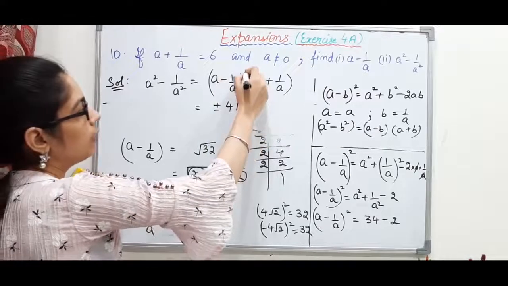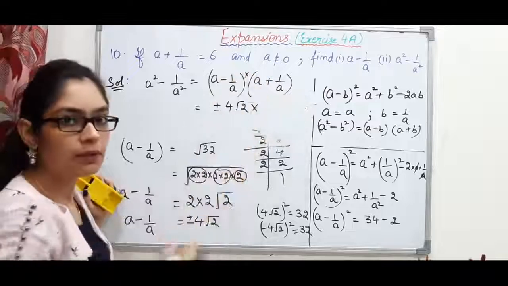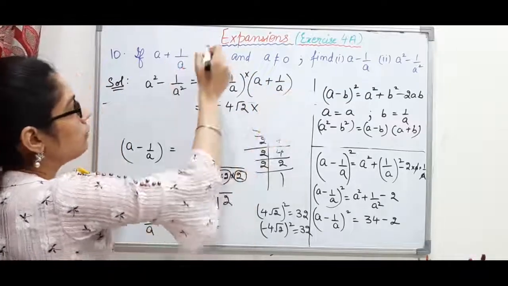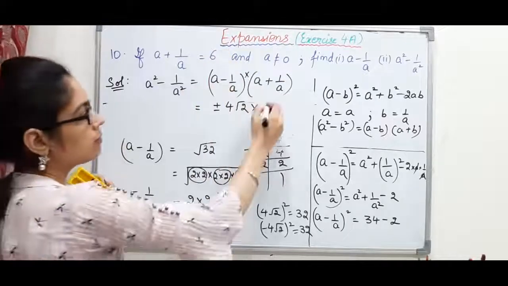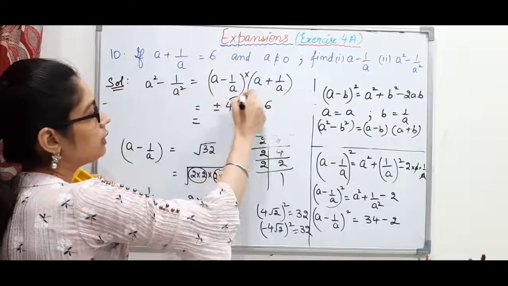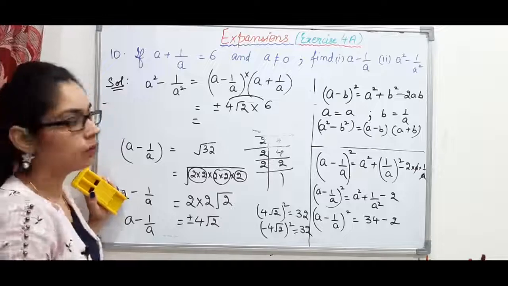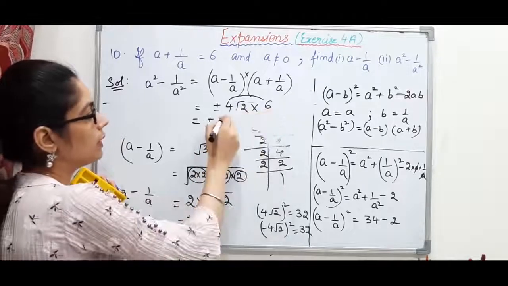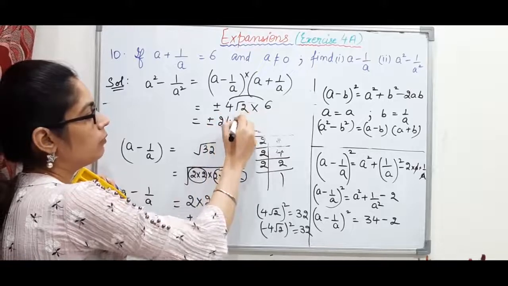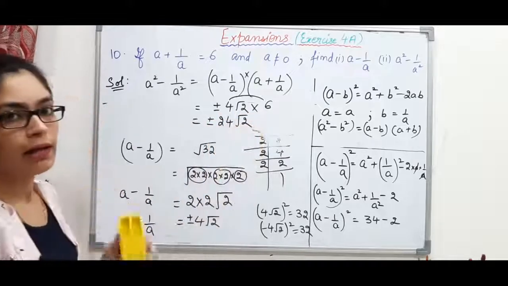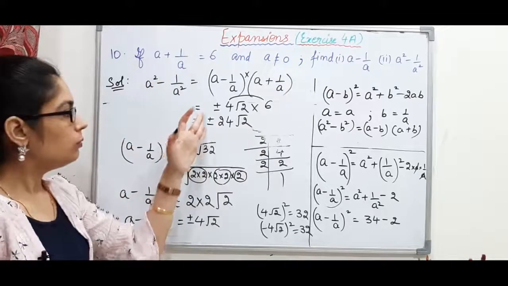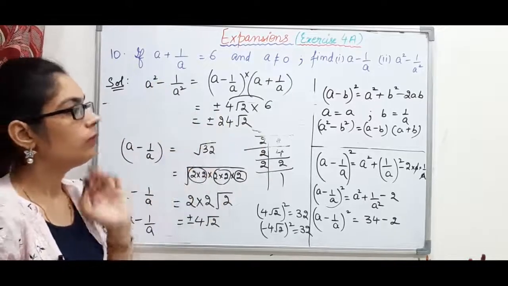See the brackets, when 2 brackets are written together, that means they are getting multiplied. A plus 1 by a, it's already given to us as 6. So numbers we can multiply, 4 into 6, plus minus as it is we have to write, 4 into 6, 24, root 2 as it is we have to write. So the value of a square minus 1 by a square is equal to plus minus 24 root 2.